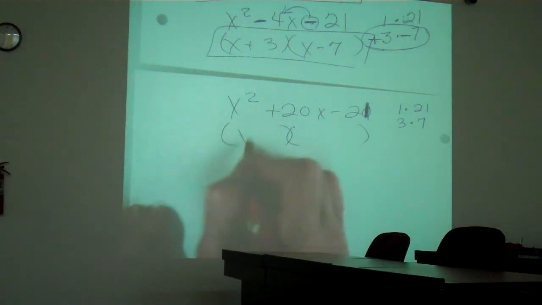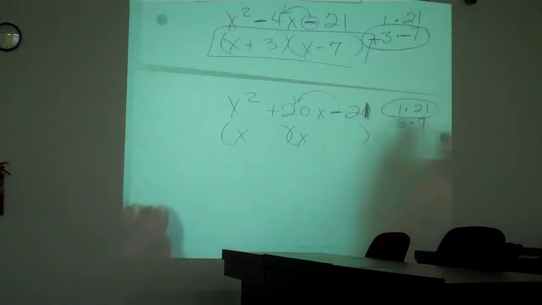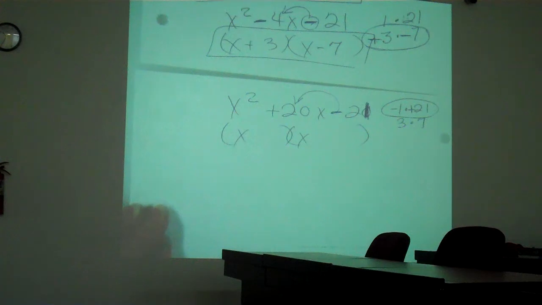Okay, so start with the x's, then the ones that subtract to give you 20. And which one's positive? 21. Positive 21 and a negative 1.